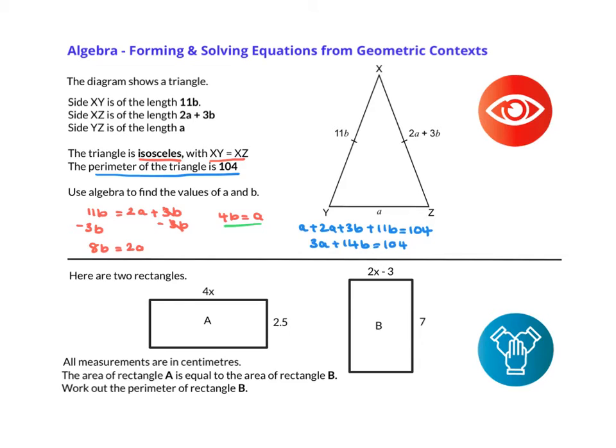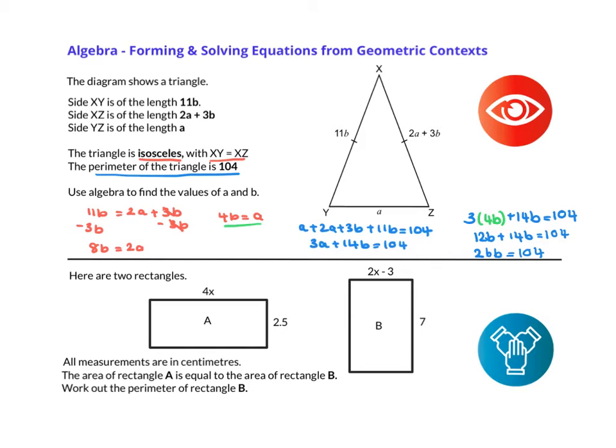So I'm going to write 3 lots of 4b plus 14b equals 104. 3 lots of 4b is 12b, 3 times 4 is 12, plus 14b equals 104. That means I have got 26b in total.